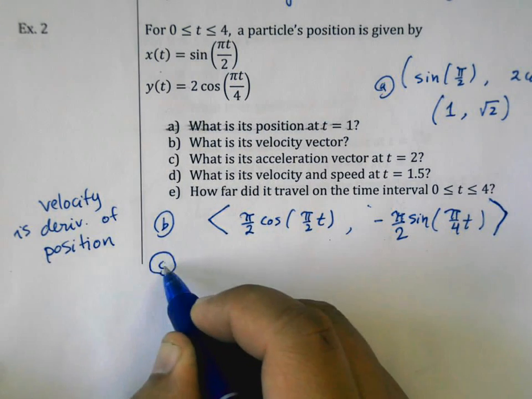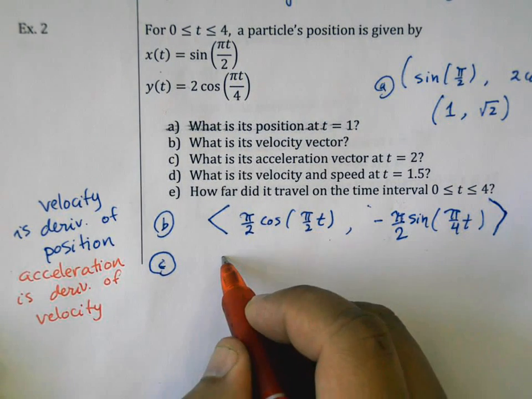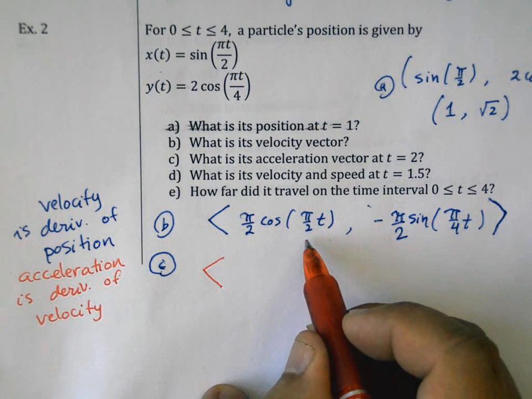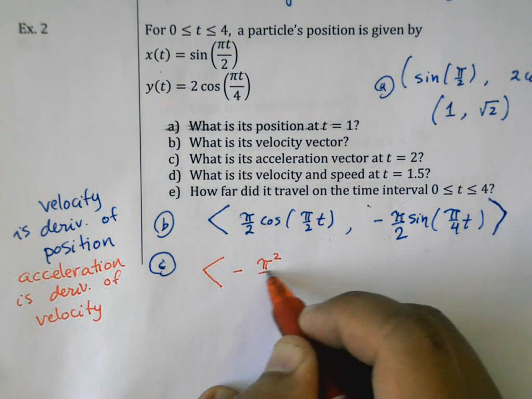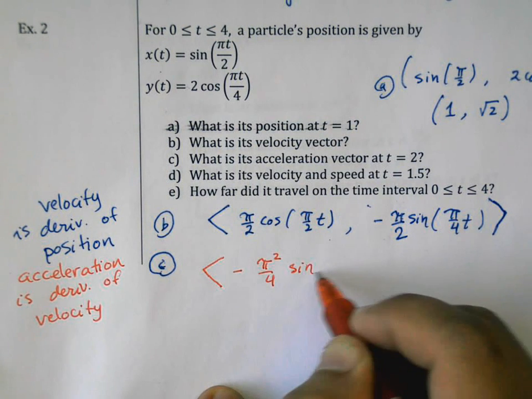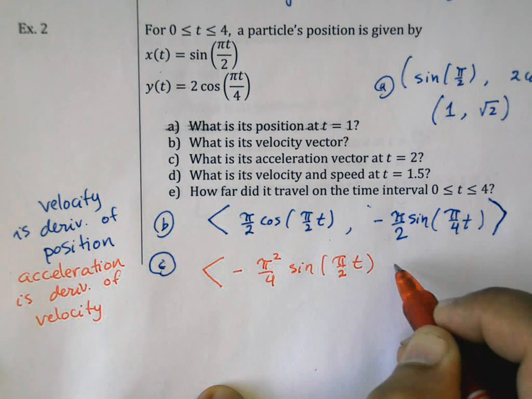C, what is its acceleration vector? Well, this is pretty straightforward as well. Remember that acceleration is the derivative of velocity. So we take the derivative of the velocity function, and this will give us negative pi squared over 4 sine of pi over 2 t.